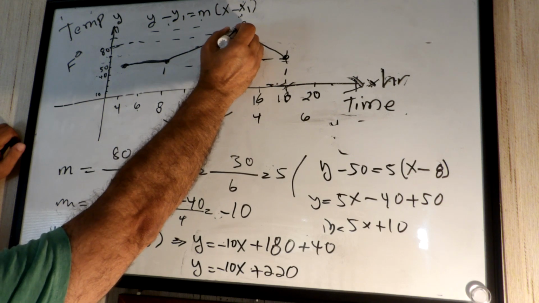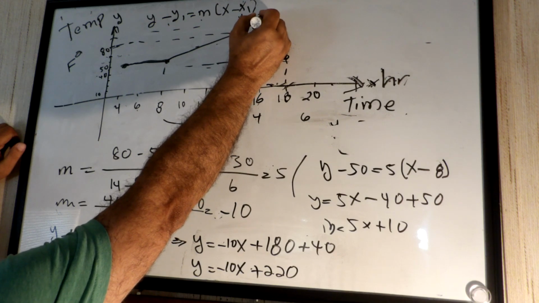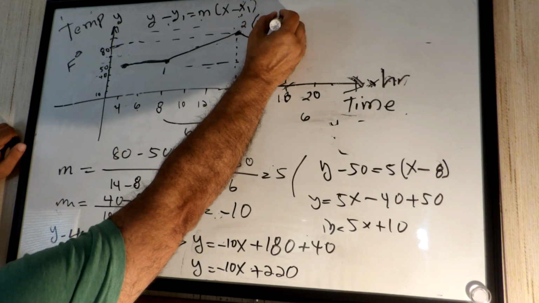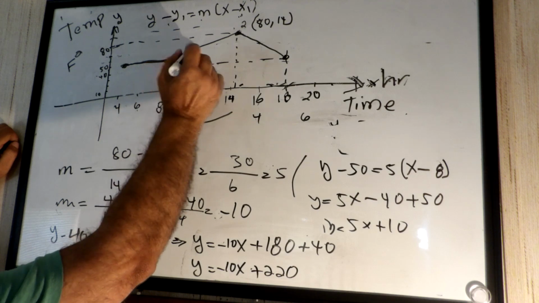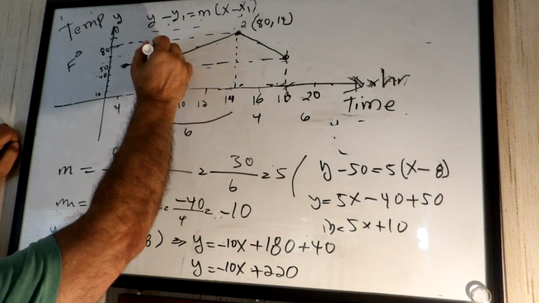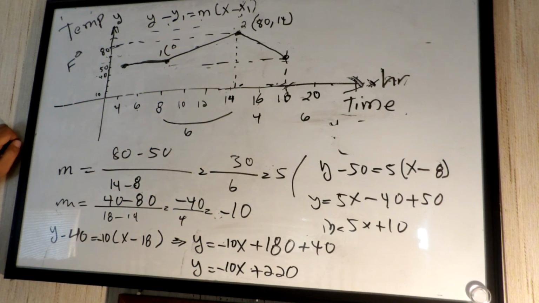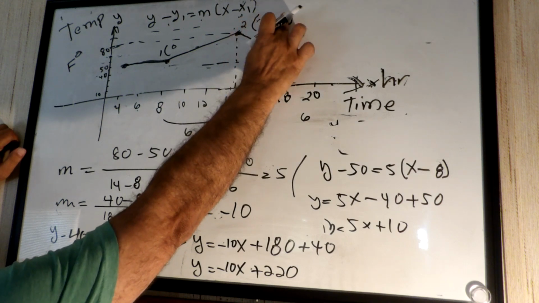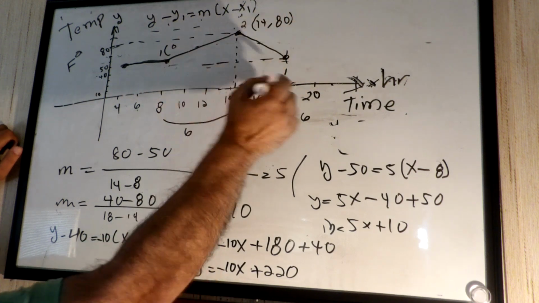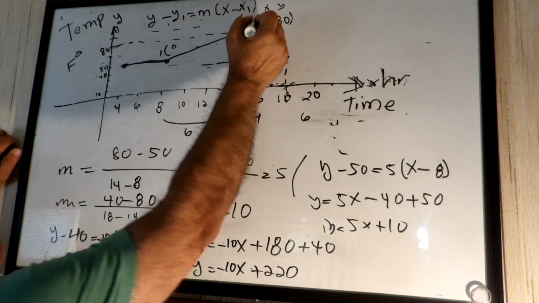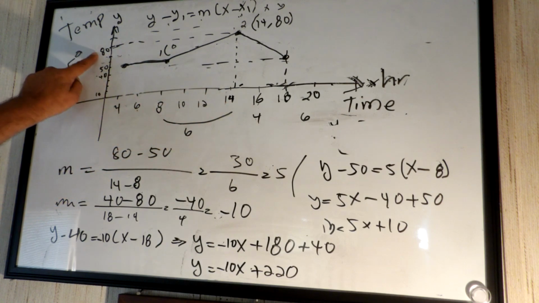The coordinates of point 2: x is 14 and y is 80.